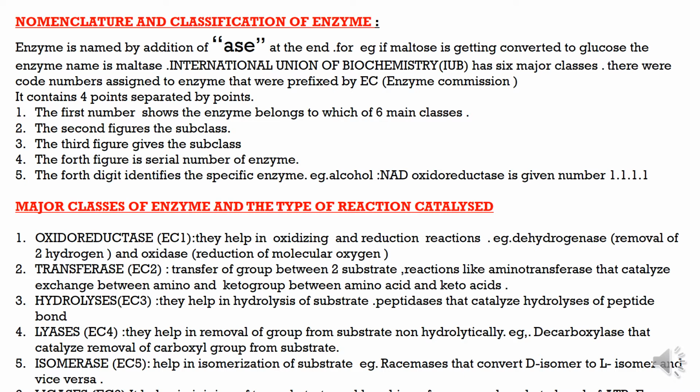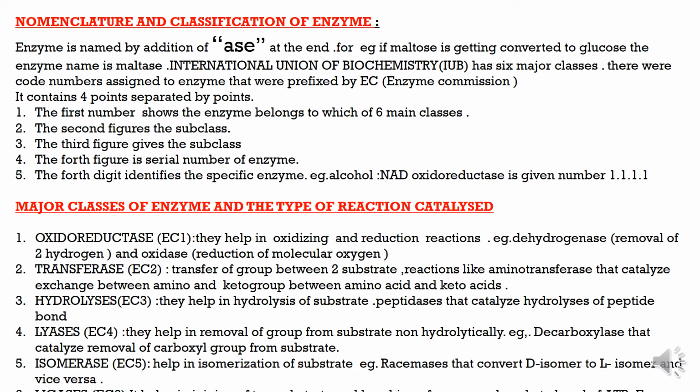Major classes of enzymes and types of reaction catalyzed. Oxidoreductase, EC1. They help in oxidation and reduction reactions. Example, dehydrogenase, removal of 2 hydrogens, or oxidase, reduction of molecular oxygen. The second class is transferase, also known as EC2. Transfer of group between two substrates. Example, aminotransferase that catalyzes the exchange between amino group and keto group between amino acids and keto acids. Hydrolase, EC3.